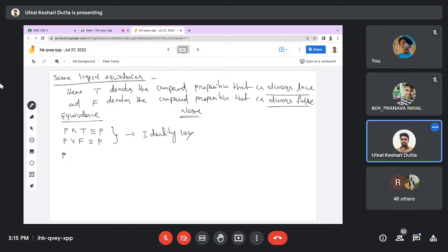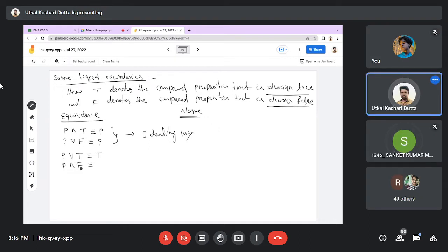Another one is P disjunction T. What will this be? And P conjunction any contradiction. What will this be? The first one will be always true. As it is a disjunction and T is always true, it will be always true, that means a tautology. Then P conjunction F, where F means contradiction, always false.